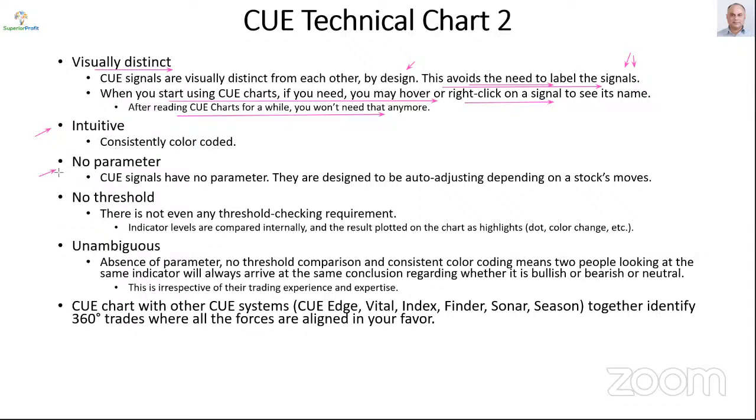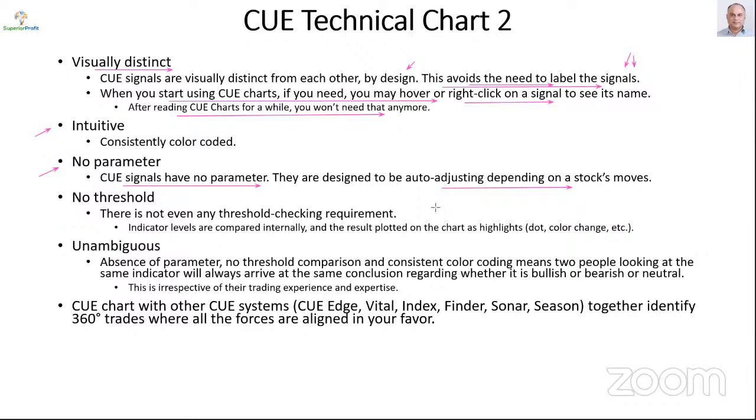They are unambiguous from several angles, no parameters. Q signals have no parameter. They are designed to be auto-adjusting depending on the stock's moves. If we had parameters, like in traditional indicators, I see a lot of people have the tendency to use different parameters at different times.